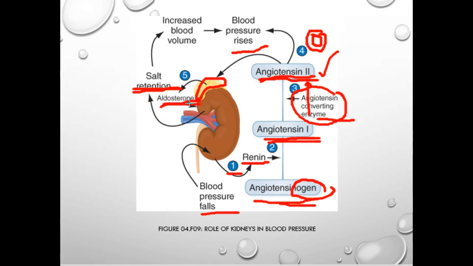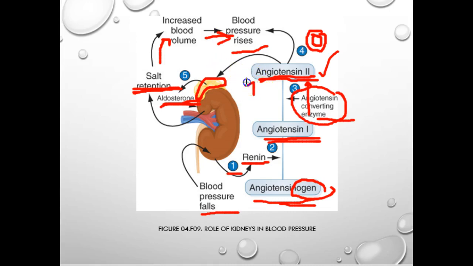It reabsorbs salt into our bloodstream and our body tissues. Where salt goes, water goes. Where we retain salt and water, we're actually increasing the volume of blood. Think about it. I've told you several times, the cardiovascular circuit is a closed circuit. If we put more fluid into it, we will have an increase in blood volume, which leads to an increase in blood pressure.